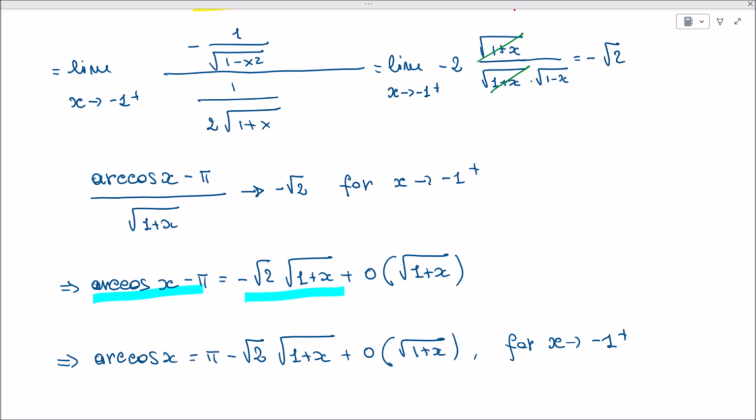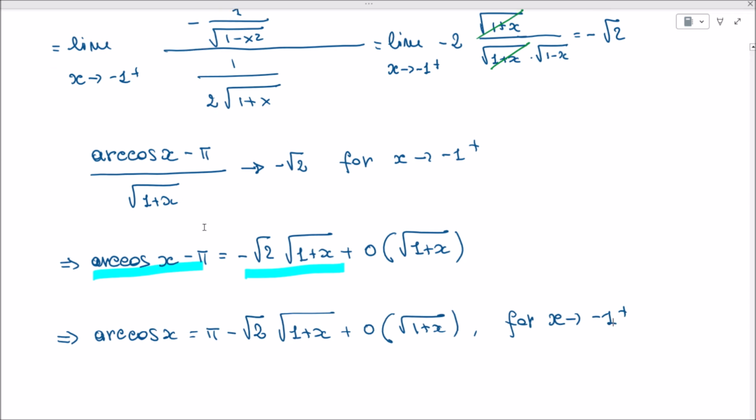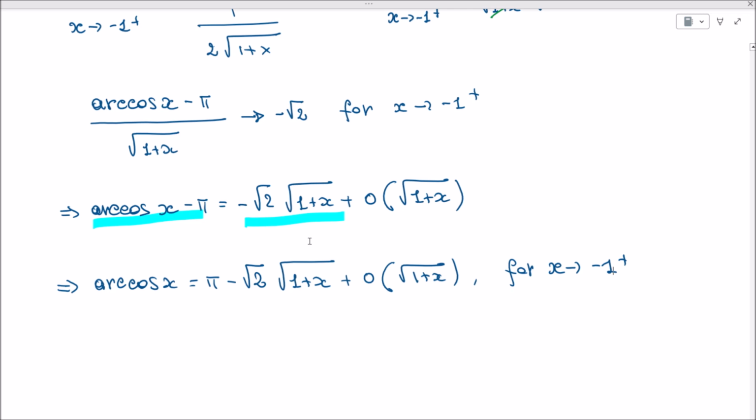All right, and an even more meaningful expression can be obtained by setting y equal to 1 plus x, because of course when x goes to -1 plus, we have that y goes to 0 plus, right?